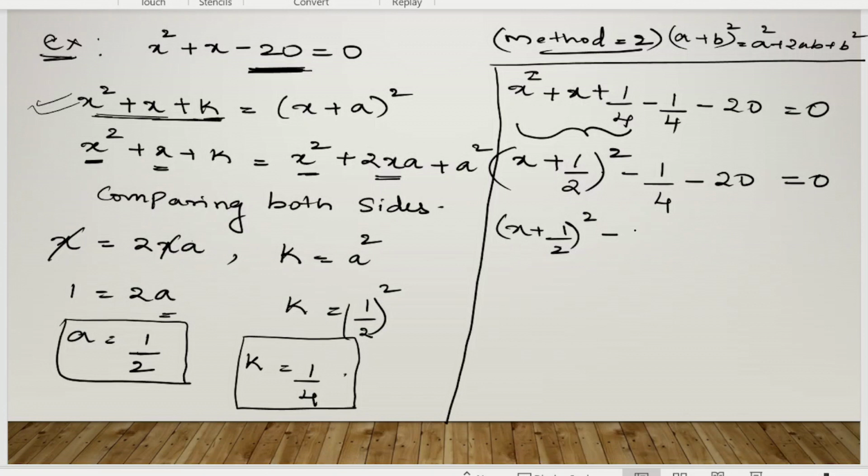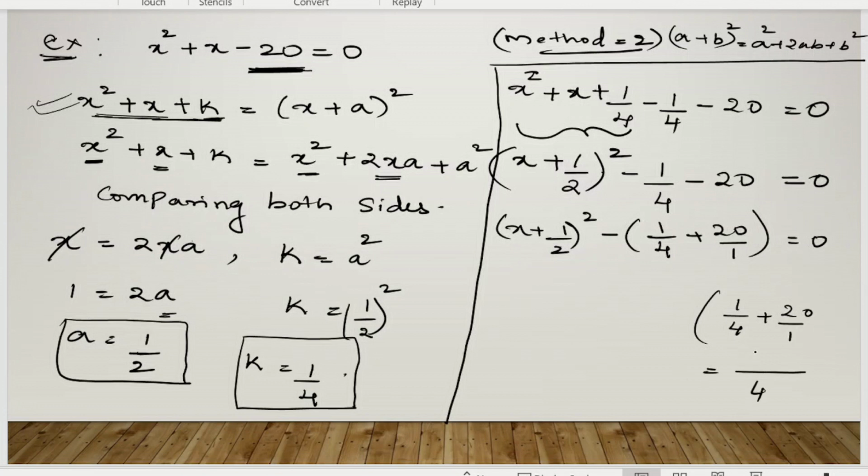If I take minus common, you will have 1/4 plus 20/1. See, if you solve it, you will get 1/4 plus 20/1, whose LCM is 4.